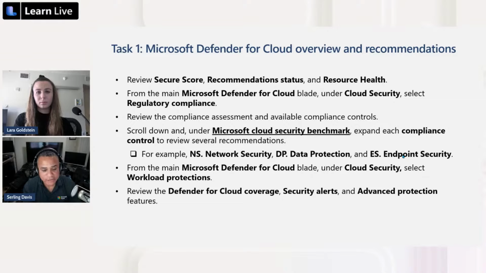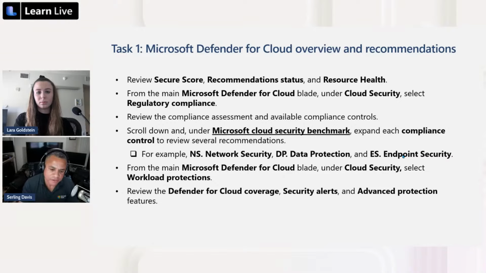The whole idea of this particular exercise is just to explore the different compliance controls. Now remember, don't get this confused with the recommended secure score security controls. These are compliance controls. If you expand on those compliance controls, you can get more details such as the network security, data protection, endpoint security.